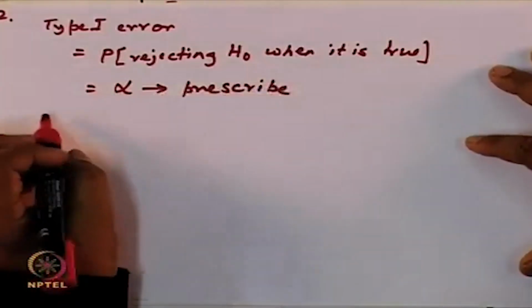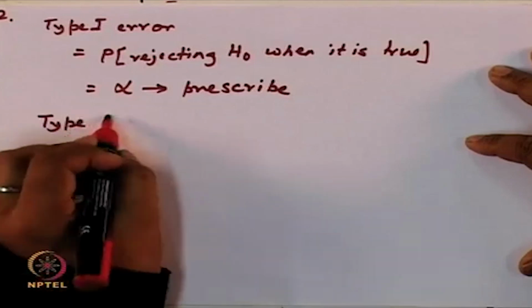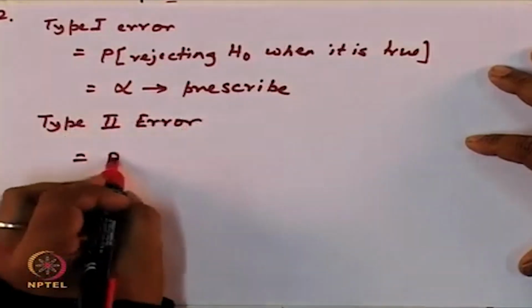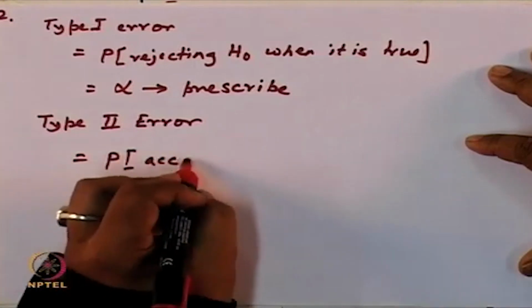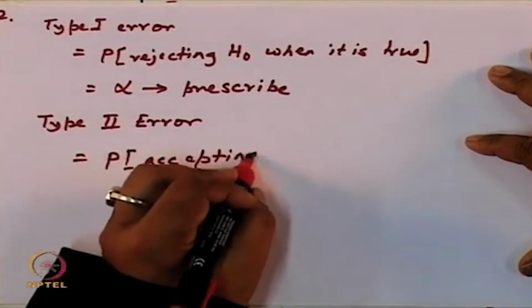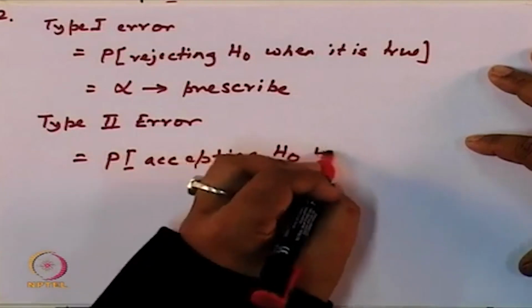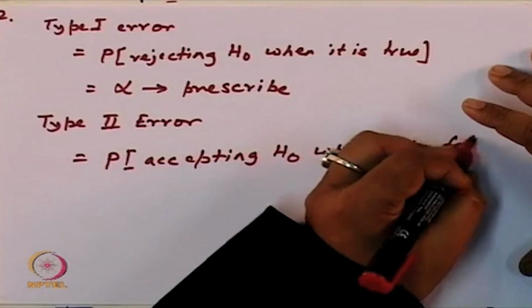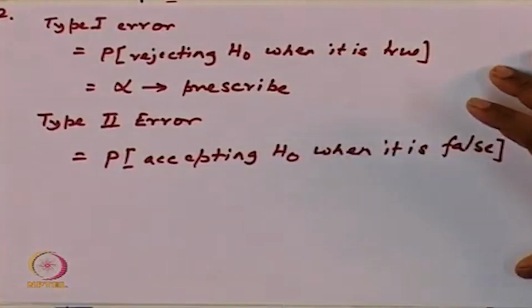However, you can have another type of error, a type 2 error, which is the probability of accepting H naught when it is false.